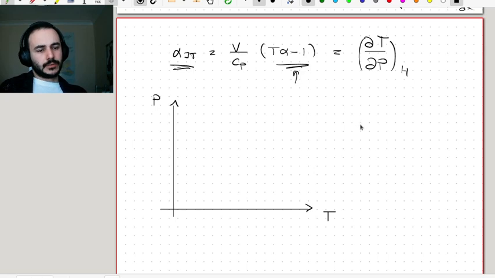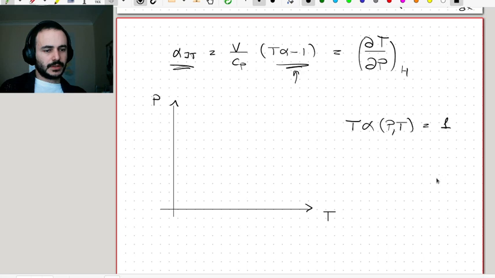And what we want to know is, where does the coefficient vanish? The coefficient vanishes whenever T times alpha, the coefficient of thermal expansion, which you can write, if you want, as a function of P and T, is equal to 1.